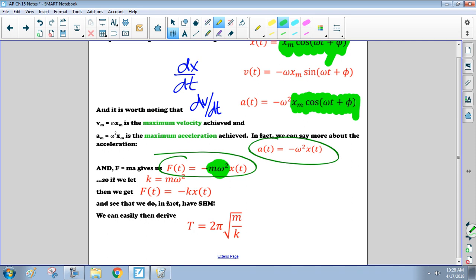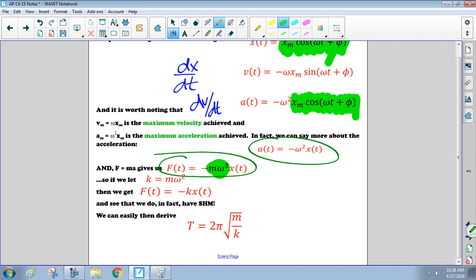Mr. Becker, you said that we use this to prove that it is simple harmonic motion, but you just took the equation for simple harmonic motion and plugged it in. What do you mean? Like, we just took the F equals kx and plugged it in. So I don't see how that's proven that. Do you agree that this is a constant? Yes.